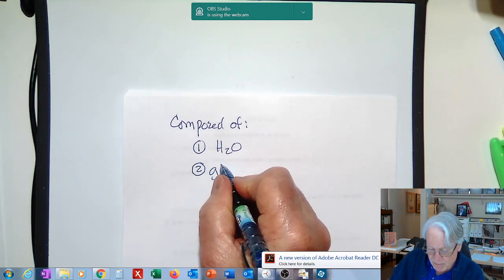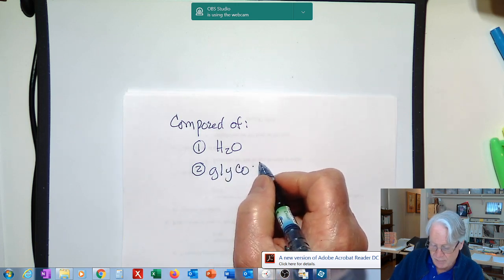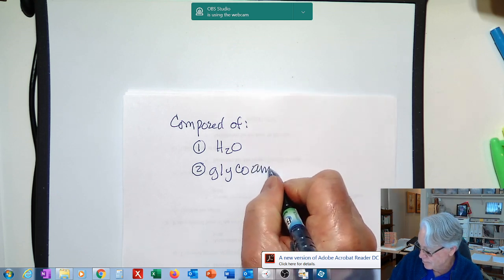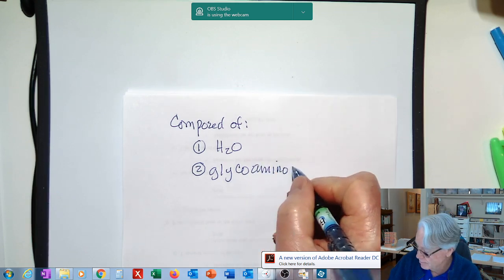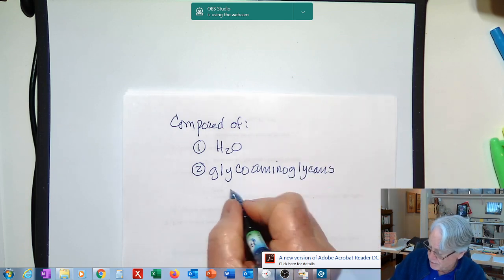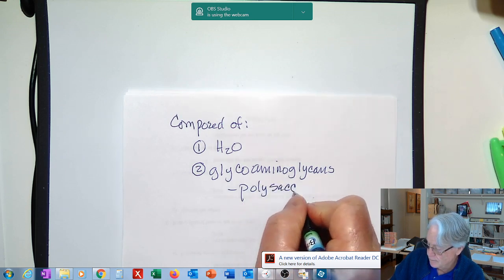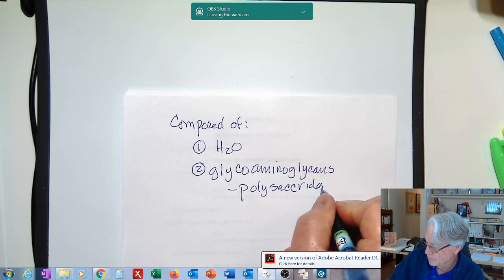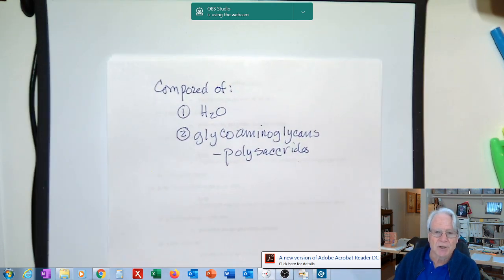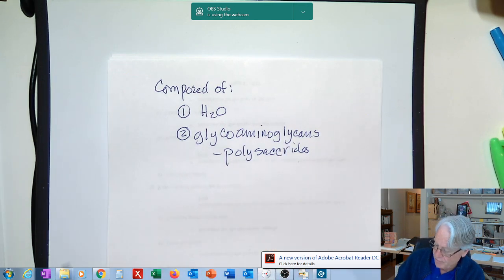Also, another type of molecules called glycosaminoglycans. These are basically polysaccharides. It's a group of molecules, all of which are polysaccharides, but a particular type of polysaccharides, and that's the name of that particular type.